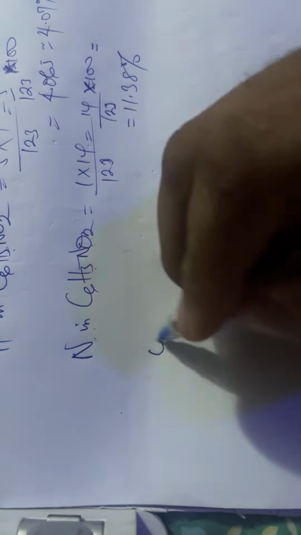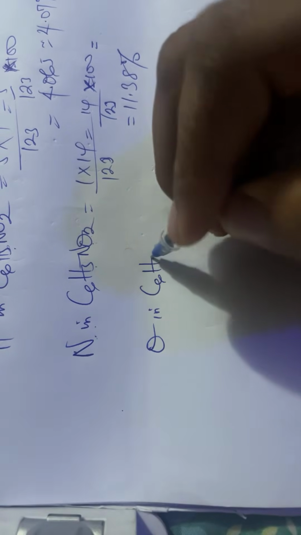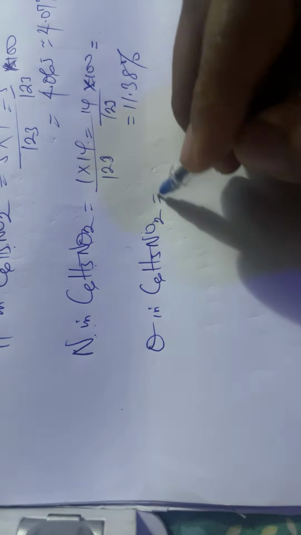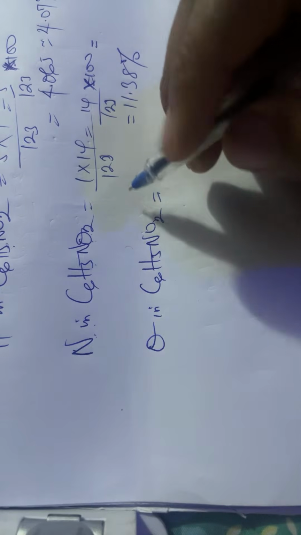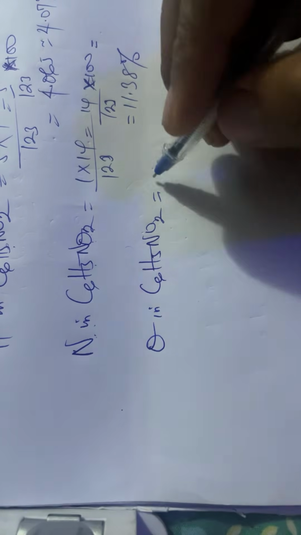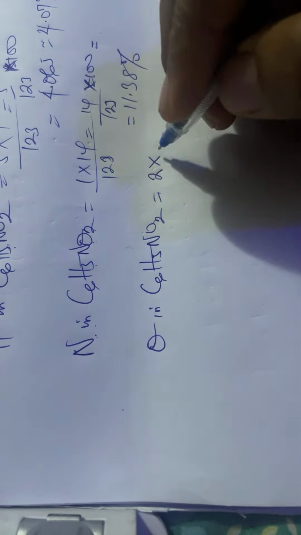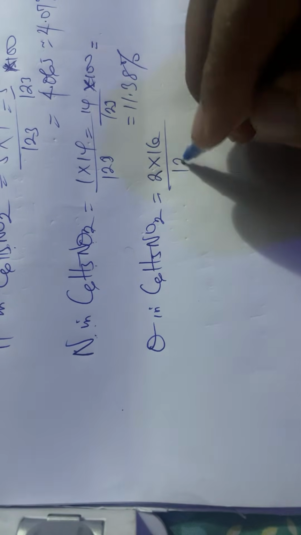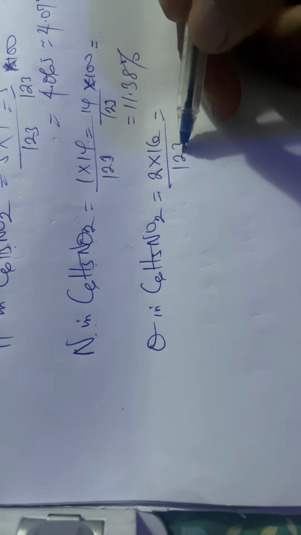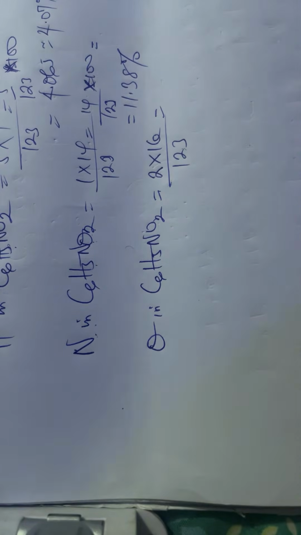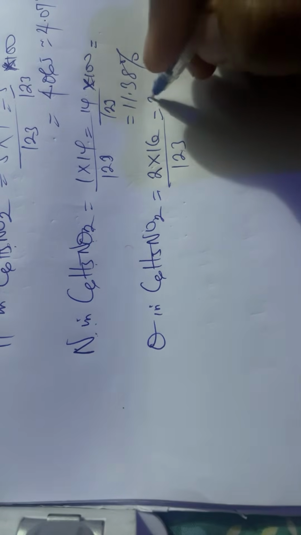So now let's calculate oxygen in C6H5NO2. How many atoms of oxygen are here? Two atoms of oxygen. What's the molar mass of oxygen? Oxygen is 16, so divided by 123. Remember, we'll always use this 123 because it's the relative molecular mass of the compound. So 2 times 16 is 32.